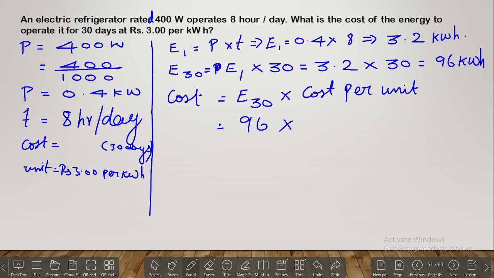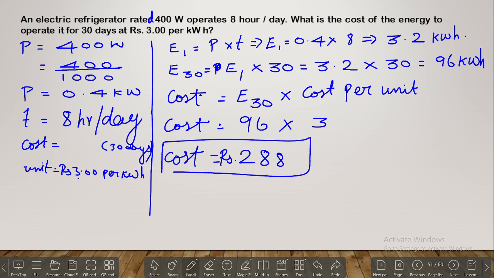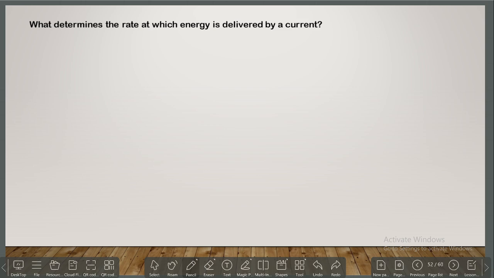And for each unit, how many rupees are they charging? 3 rupees. Therefore, cost will be equal to 288 rupees we need to pay for the refrigerator for the 30 days if it's working for 8 hours per day.